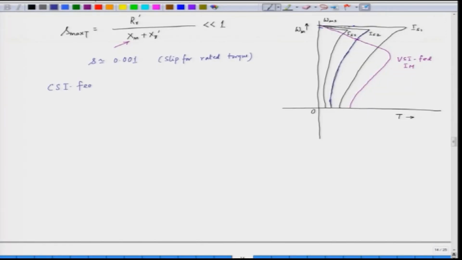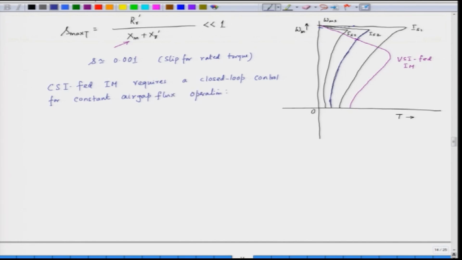CSI fed induction motor requires closed loop control for constant air gap flux operation.